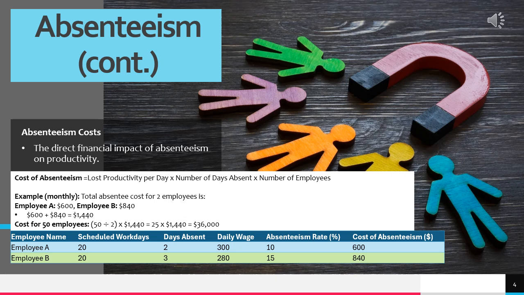We take 50 and divide it by 2, and we take that 25 and multiply it times 1440, and the total absenteeism cost for our company is $36,000. This number represents the total potential financial impact of absenteeism on the company in terms of lost productivity and wages paid for days employees are absent.